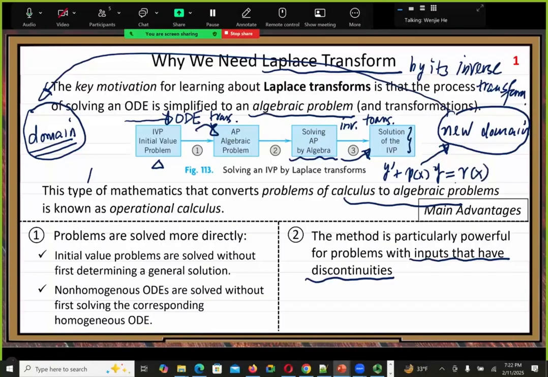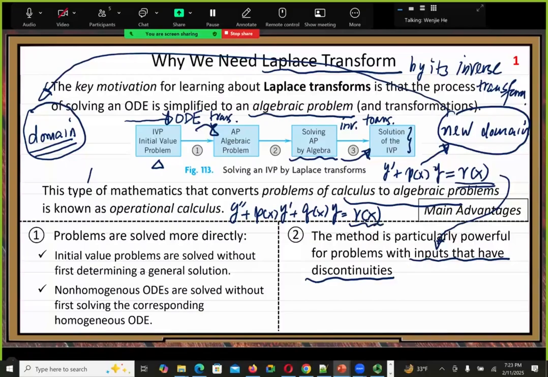In that system, we call this r of x the input. Here we can generalize to second order: y double prime plus p of x times y prime plus q of x times y equals r of x. And in this case, r of x is the input.